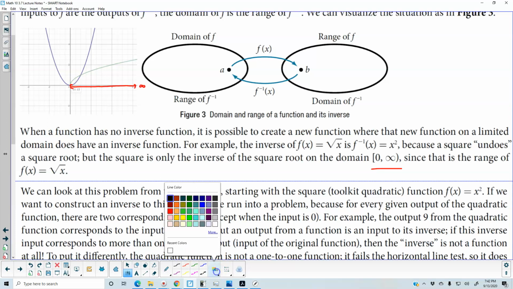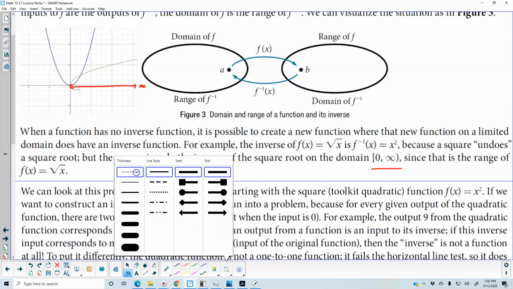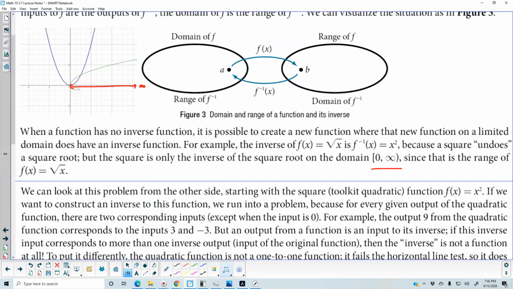So I need to restrict the domain by eliminating this part of the x squared graph. And if I do, now you can see that they are inverses of each other. So you have to restrict the domain in order for that to work.